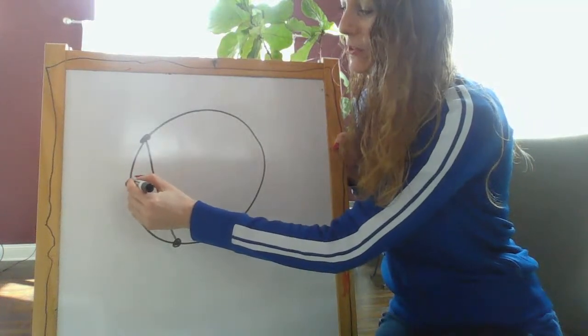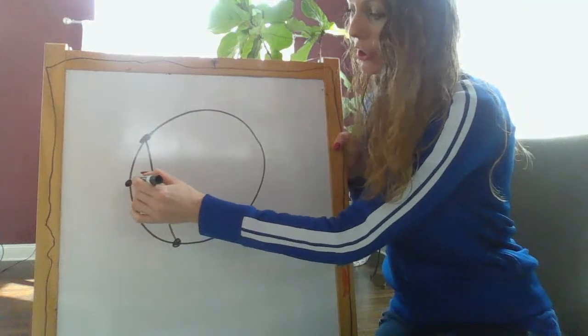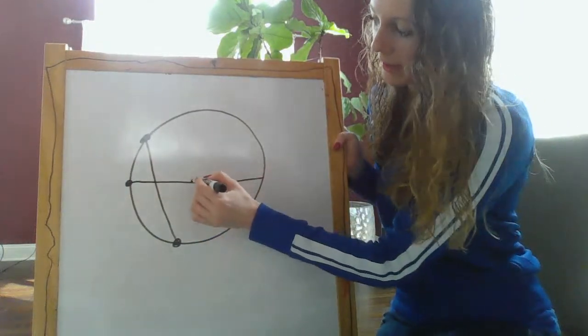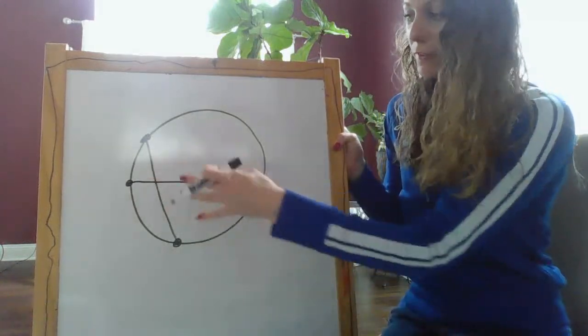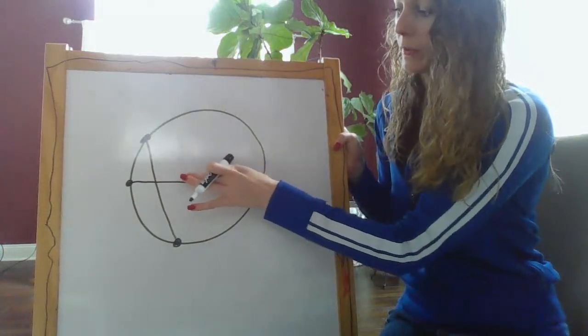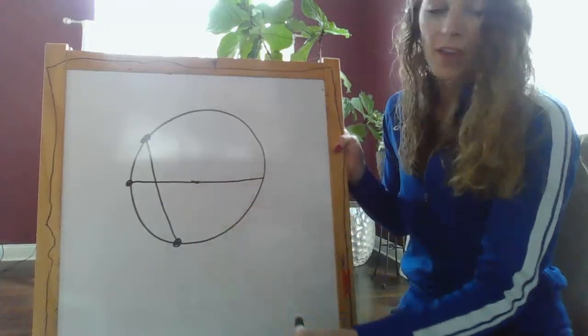If we have two chords, now the chord, remember, could be the diameter that passes right through the center of the circle. That's just a special chord. But with the two chord relationship, we don't have to worry about it being the diameter right now.